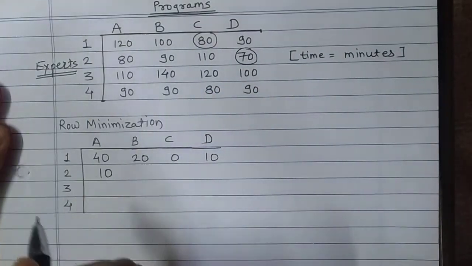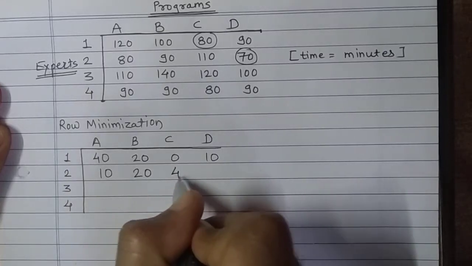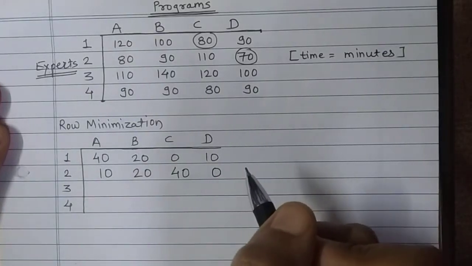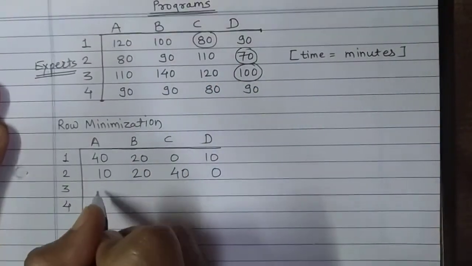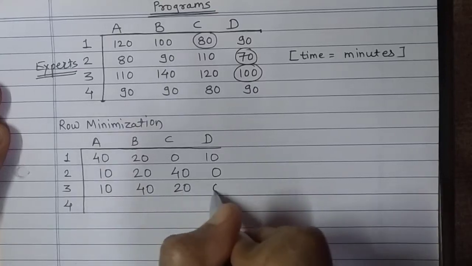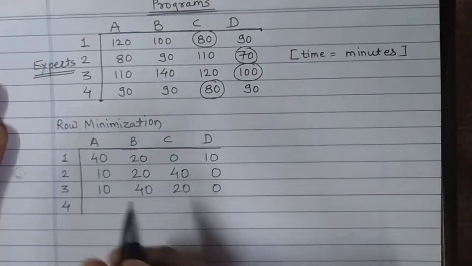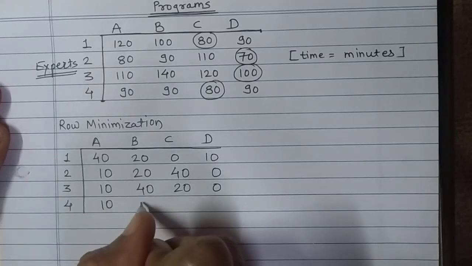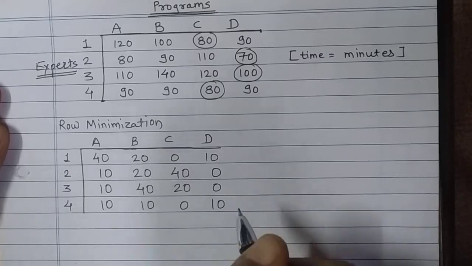So the row comes like 10, 20, 40 and 0. In the next row, the minimum value is 100. So 10, 40, 20 and 0. In the last row, the minimum value is 80. So 10, 10, 0 and 10.